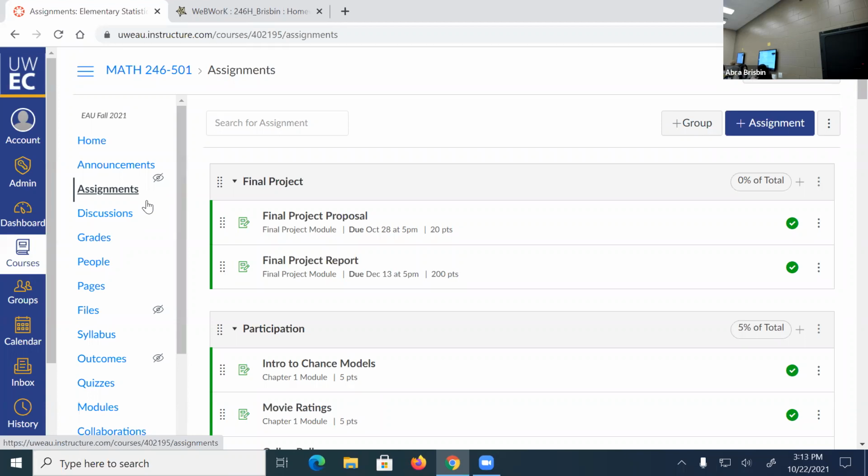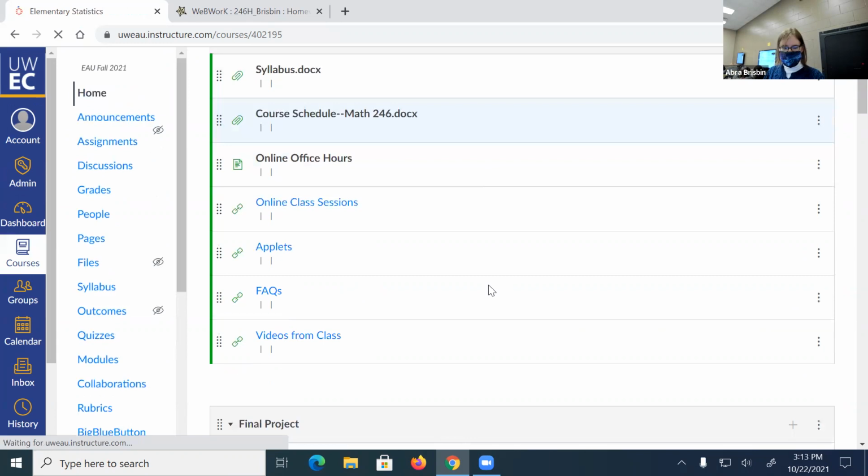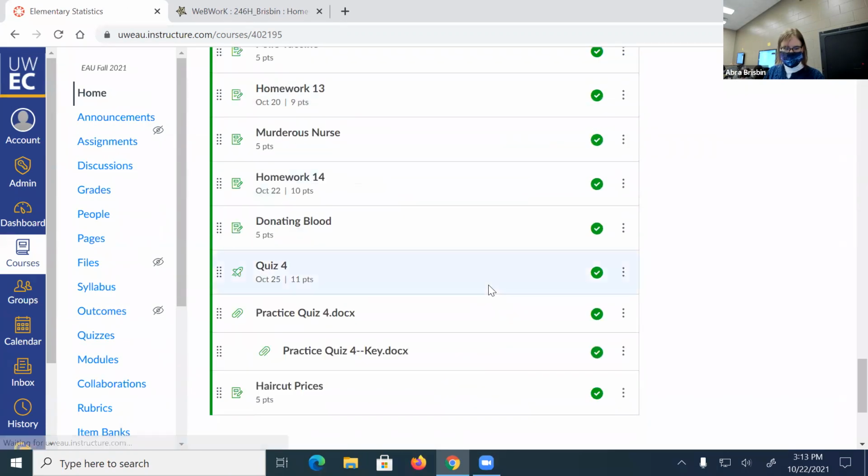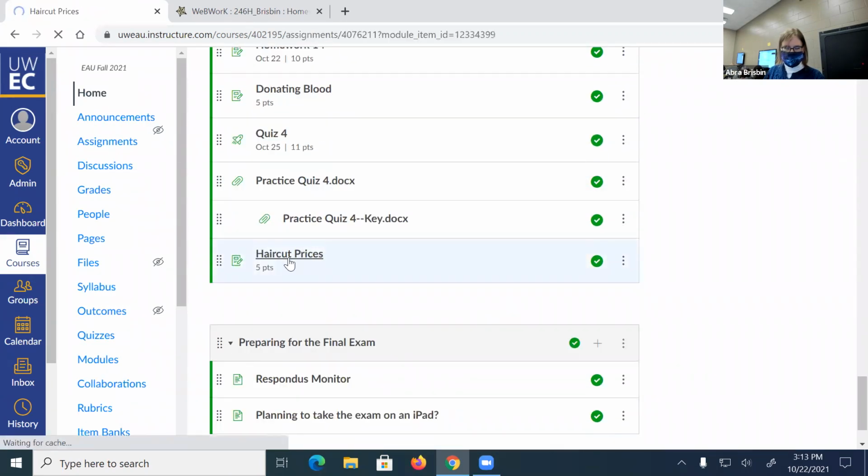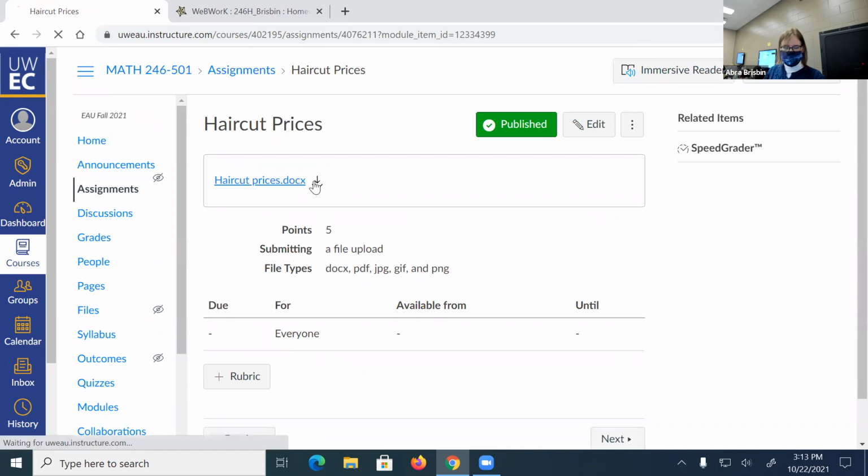So this activity will let you investigate a relationship between how much people's haircuts cost and what their gender identity is. For anybody watching the recording, this is the haircut prices activity.